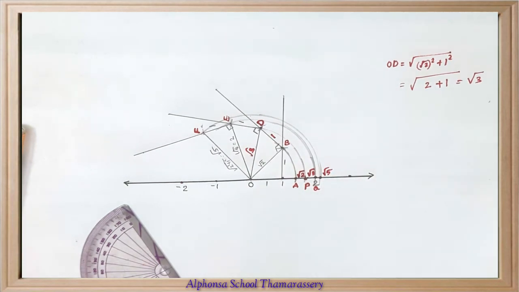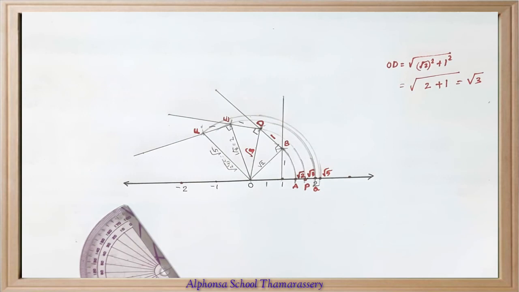This way you can continue root 7, root 10, root 11, etc. Like that you can mark it on the number line. In the same way, you can locate root n for any positive integer n after root of n minus 1 has been located. Dear students, I hope that you understand this section.